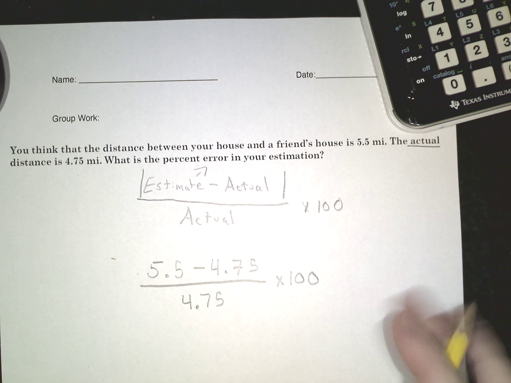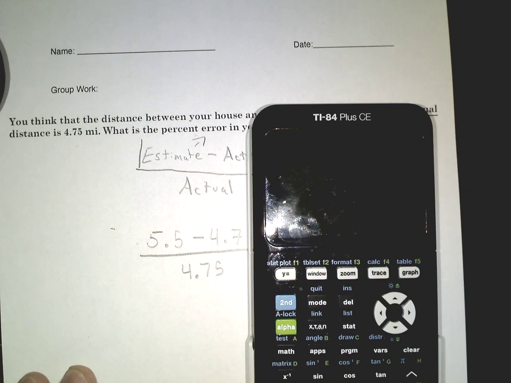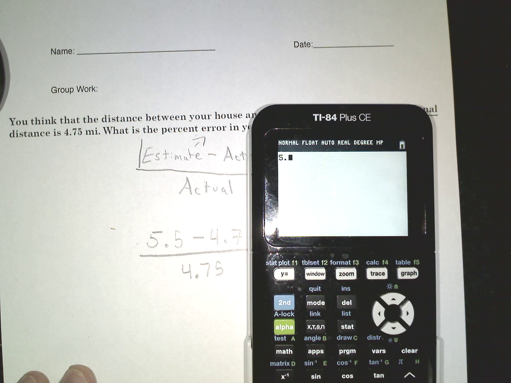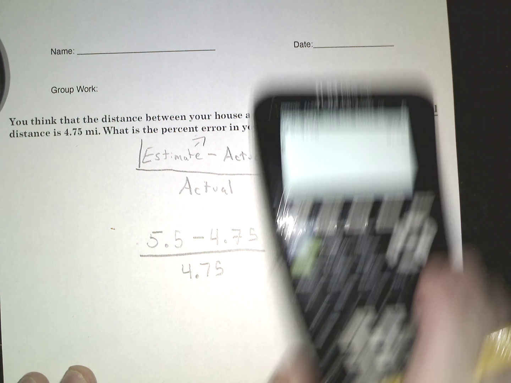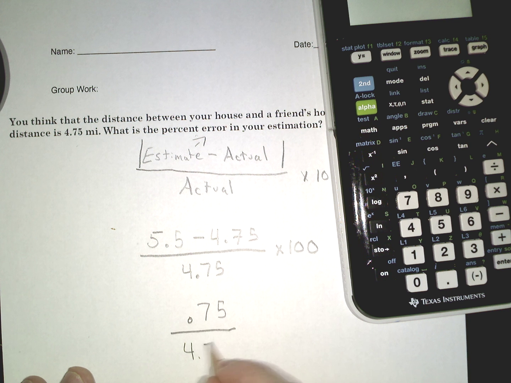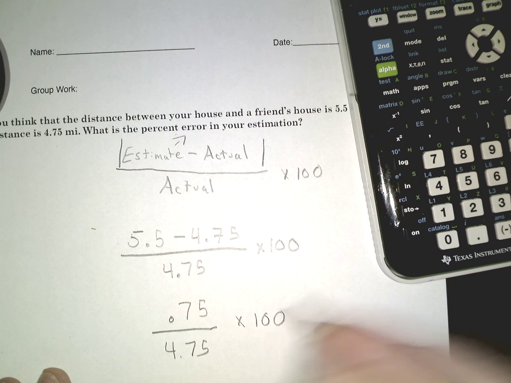Save that till last. So 5.5 minus 4.75 is 0.75, over 4.75, times 100. Keep that at the end.